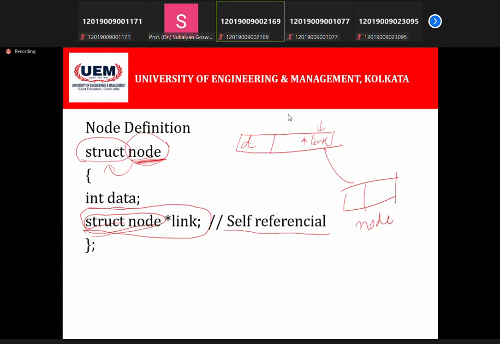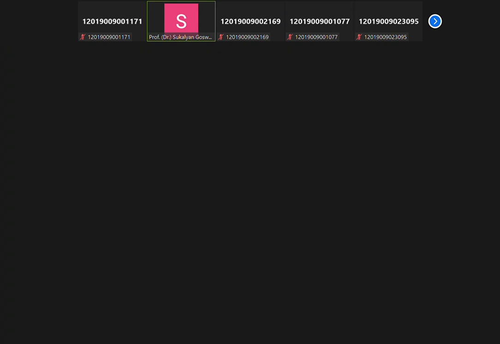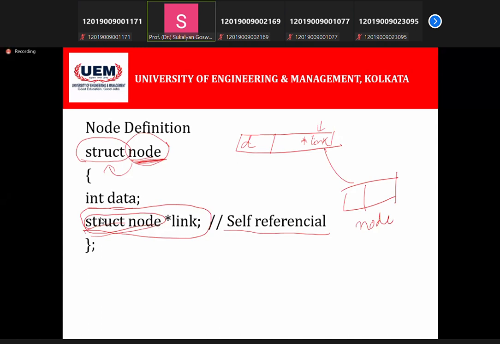Fine. So this is the reason for which we call it a self-referential structure, because within the node definition, the pointer that we are using is of type struct node, which is the type of the node definition. And why we need to use this, I have explained.